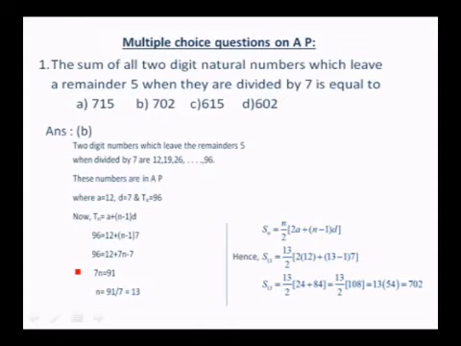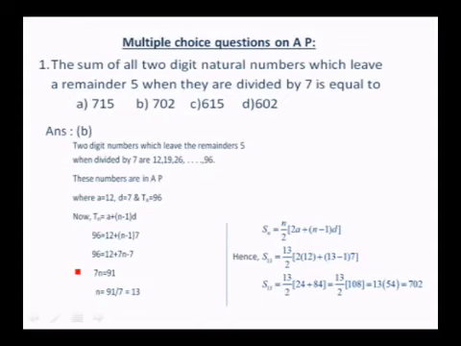Now if you consider these numbers 12, 19, 26 etc. 96, it's an AP with first term A equals 12 and common difference 7, and the last term Tn is equal to 96. First let us find the value of n. Tn is A plus n minus 1 into D. 96 is equal to 12 plus n minus 1 into 7.